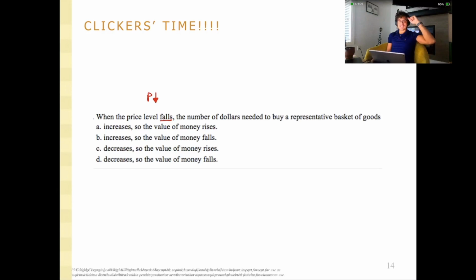Well, when the price level falls, it means that you need less money to buy the same amount of goods. So the number of dollars needed to buy a representative basket of goods decreases. But then if you need fewer dollars in order to buy the same amount of goods, it means that dollars are more powerful. They can buy more goods.